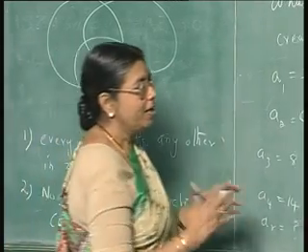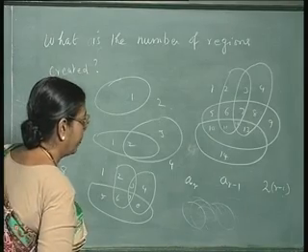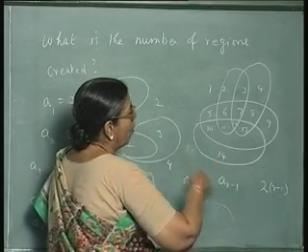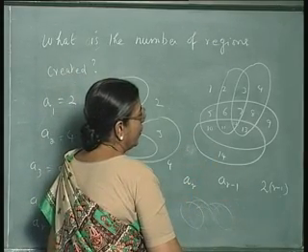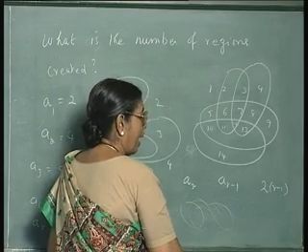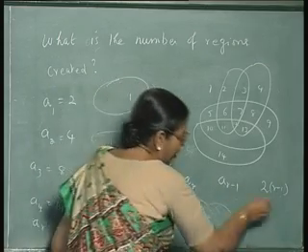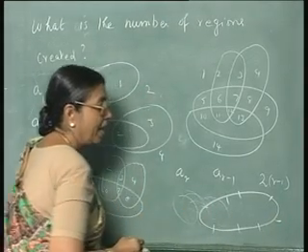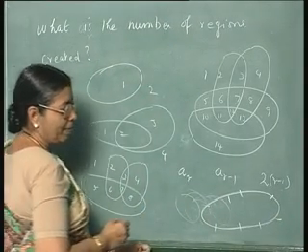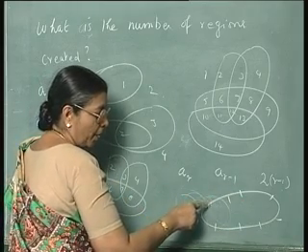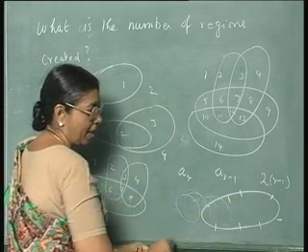I mean the points of intersection are all distinct. In that case, the rth oval is divided by the points of intersection into 2 into r minus 1 arcs.